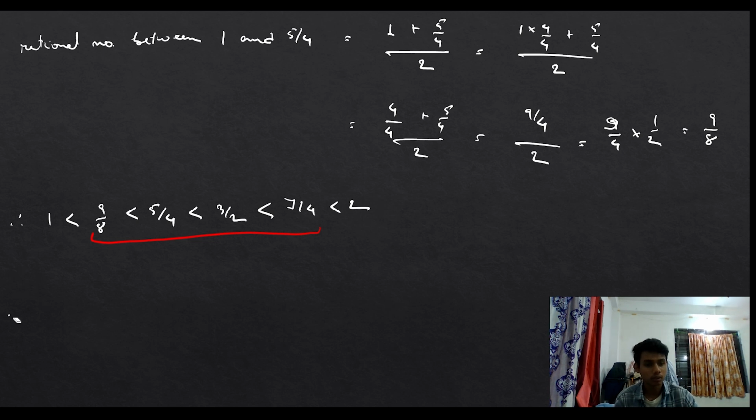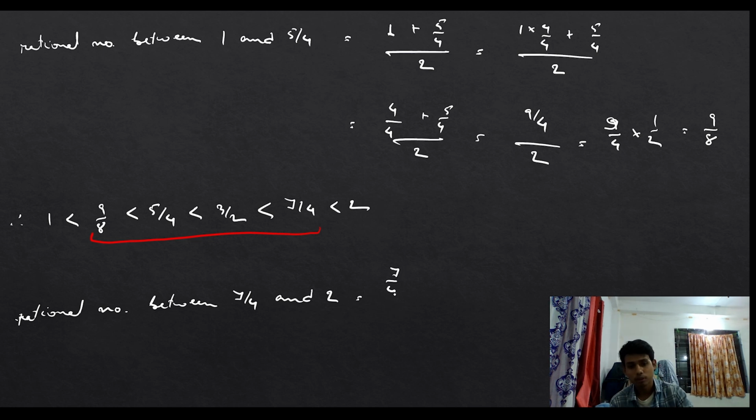The rational number between 7 by 4 and 2 will be equal to 7 by 4 plus 2, whole divided by 2.